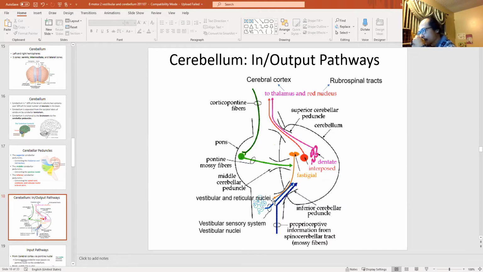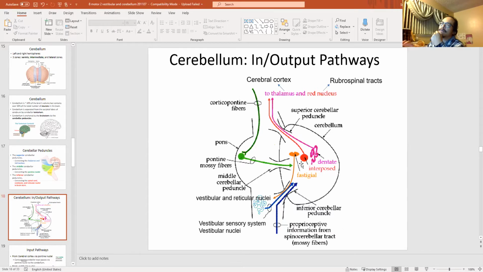Another thing I want to bring to your attention is these three nuclei. In the cerebellum, we have input, we have output. However, all the output signal comes from different nuclei. We call these deep nuclei in the cerebellum.